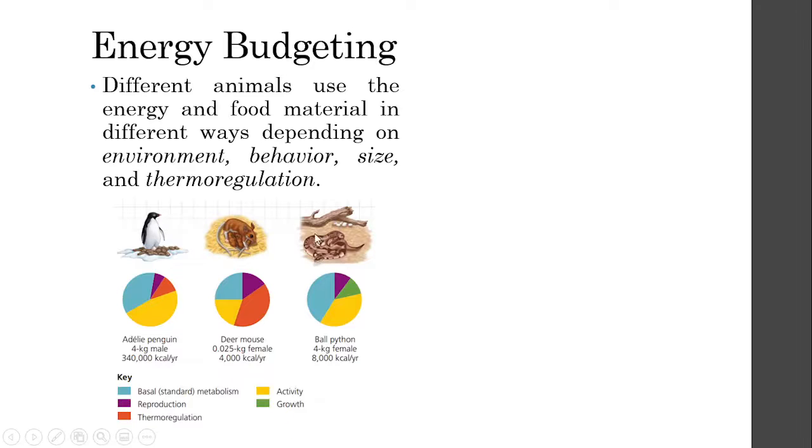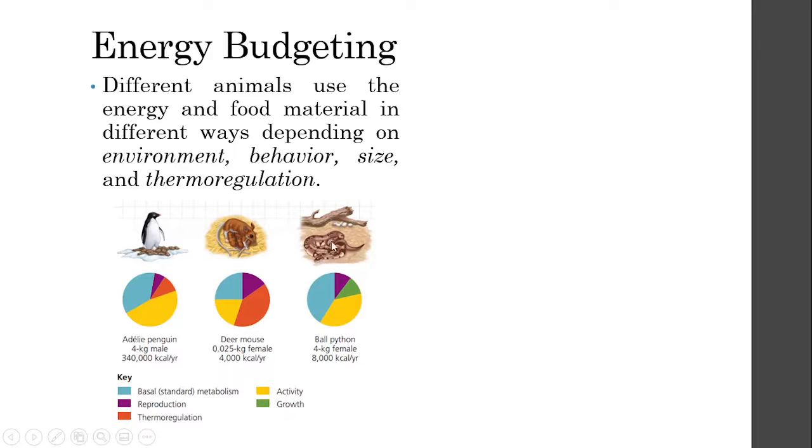And then if you look at this boa, this python, you wouldn't see any energy for thermoregulation, because a boa is a reptile, and a reptile is an ectotherm. Ectotherms adjust their body depending on their environment, so they do not need to use energy to warm themselves up.